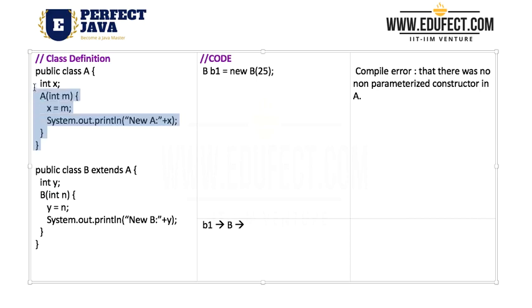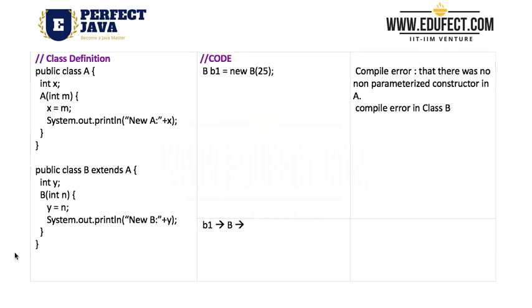In class A there is no compile time error, but in class B there is a compile time error, because it could not find the non-parameterized constructor in A and it was expecting it.